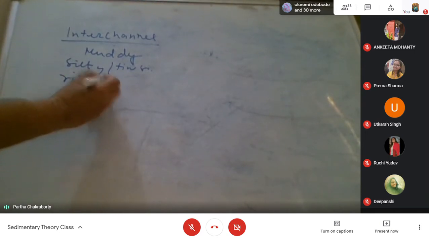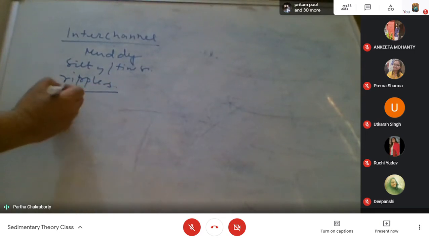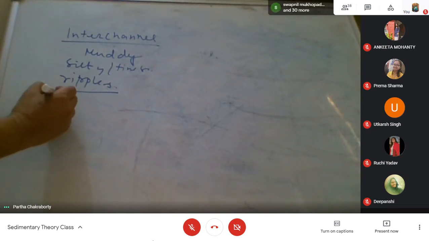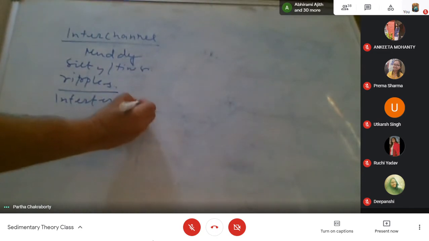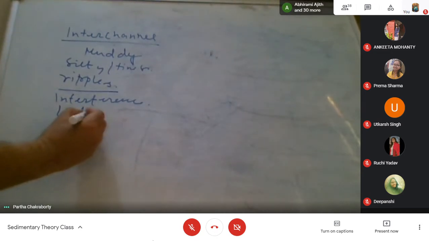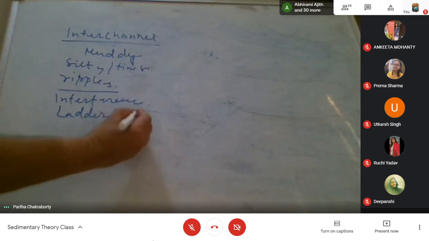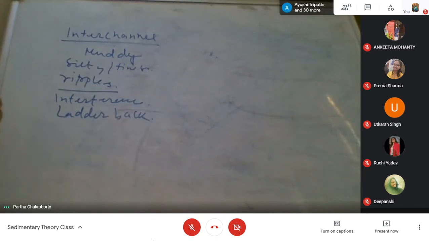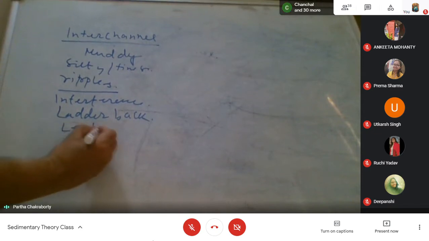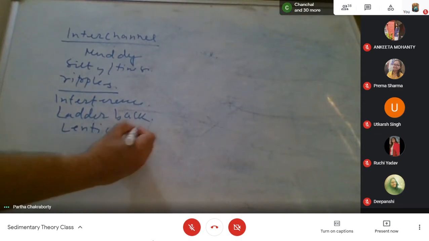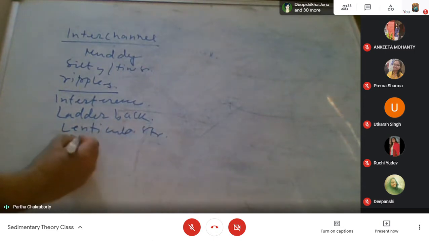We get extensive interference ripple, ladder back ripple, you get the lenticular structure, flaser bedding.